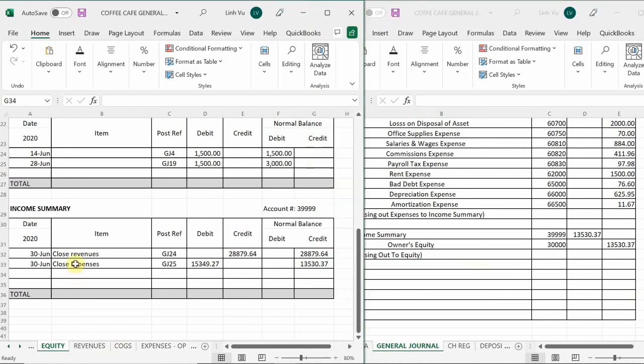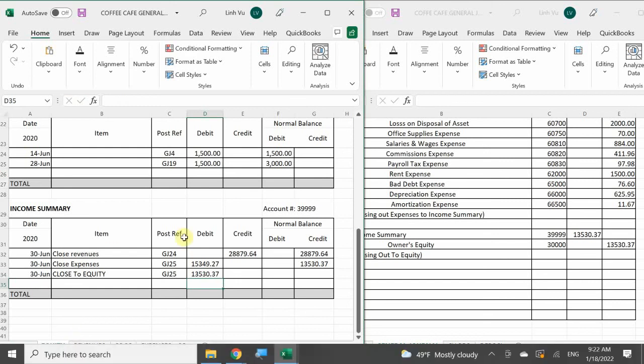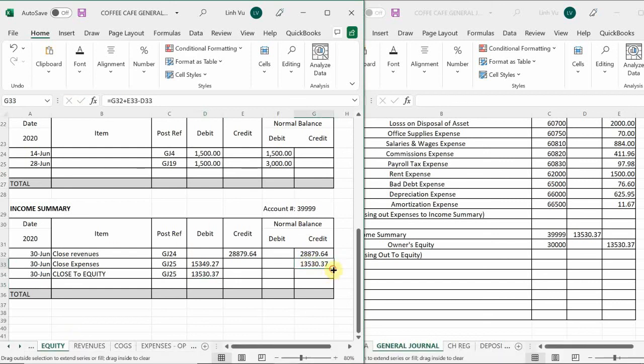So, since I'm already in my ledger, I'm going to go ahead and close to equity, which I'm going to debit my account for 13,530.37, and that should bring my account to 0, right?